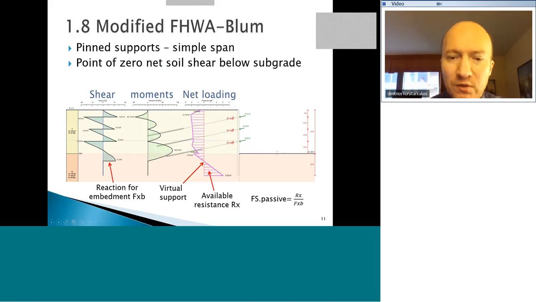So here, if we do a modification of the two, we're going back to the net 0 point, or our net loading, and we're assuming that virtual support point there. Again, we get the reaction, and we're expressing our passive safety factor.